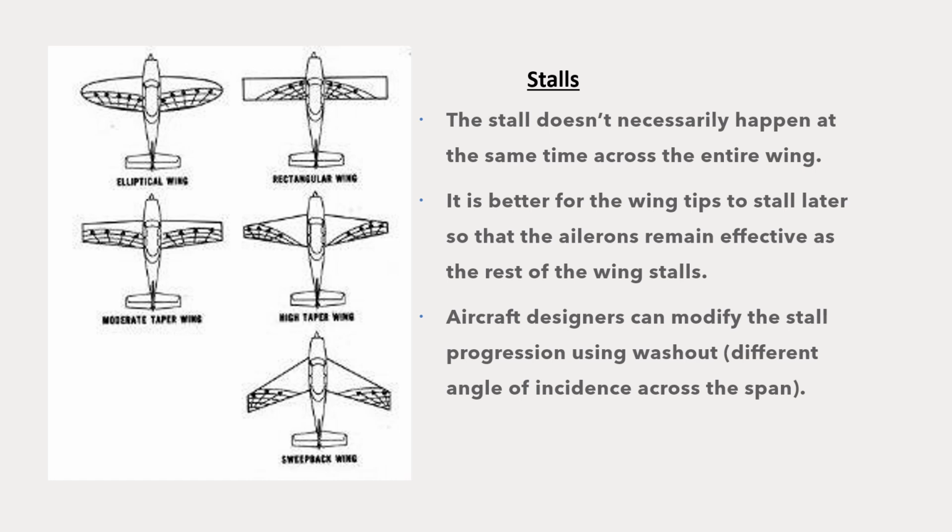So the aircraft designer can do some things about that. They can make the wings twisted a little bit so that the stall will progress nicely from the inside area out towards the wingtip. As a pilot, you don't need to have a real detailed knowledge of how wings are designed to influence this behavior.